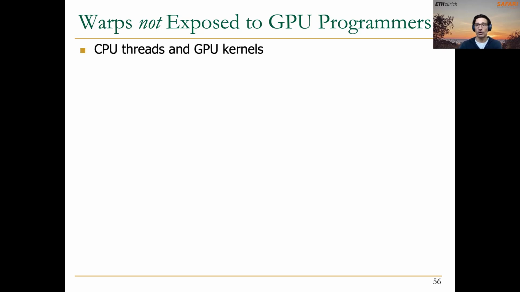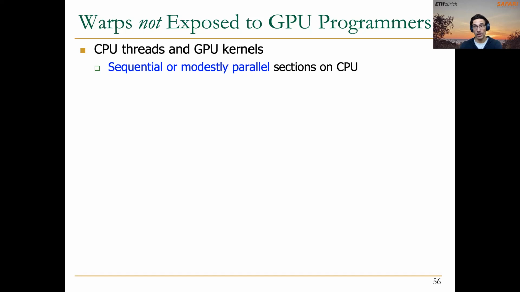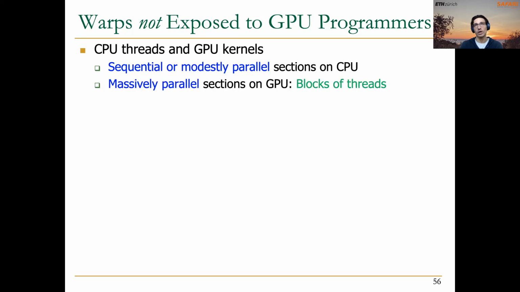That means we are going to use the GPU, but also CPU threads, so that serial or modestly parallel sections of the application will continue running on the CPU, while massively parallel sections of code will run on the GPU, using blocks of threads. We will see what the blocks and the threads are in the next lecture. But that's essentially the structure of one of these heterogeneous programs.